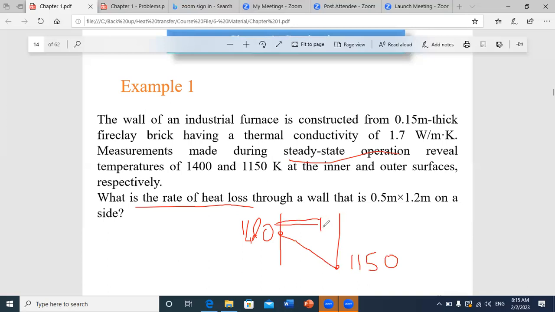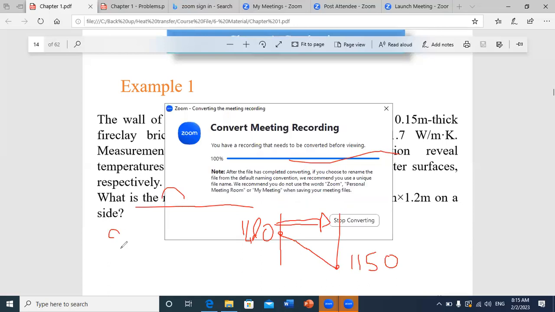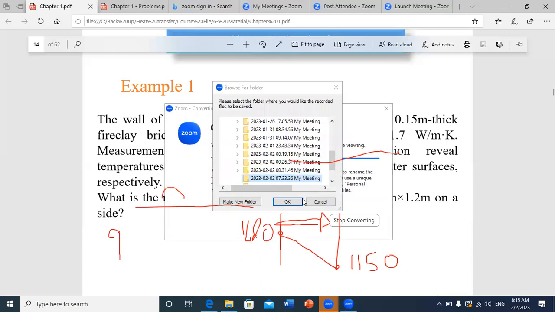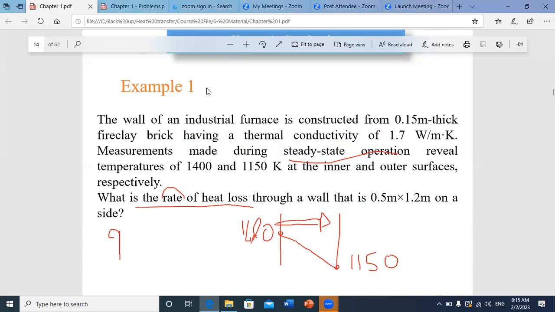And just to calculate this rate, because I asked for the rate in watts, so it's Q, all you have to do is Q is equal to, you can directly apply the formula here. It's K times A times delta T in absolute value, largest temperature minus smaller temperature, over the thickness of the wall.